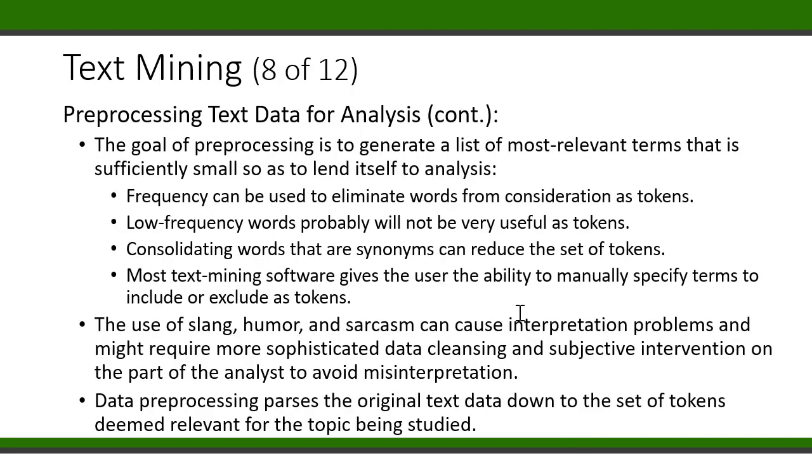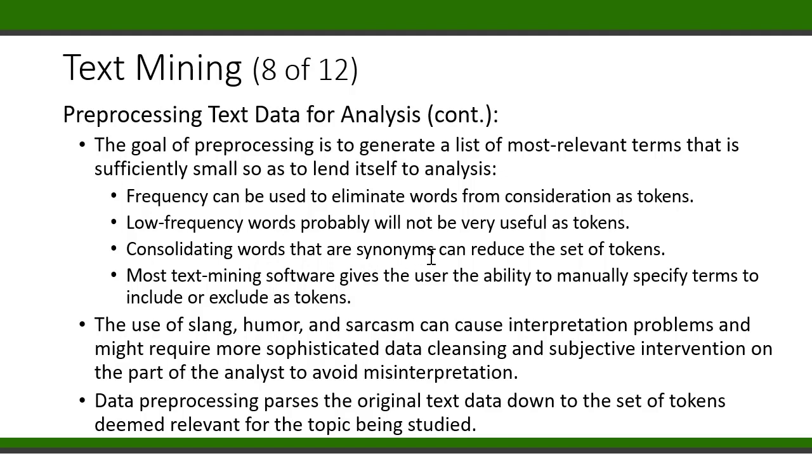Our ultimate goal of doing this pre-processing is to get a list of relevant terms that is small enough so that it's not too difficult to analyze, and would provide some useful information. So frequency can be used to eliminate words from consideration as tokens. If it doesn't have a lot of frequency, we'll get rid of it.